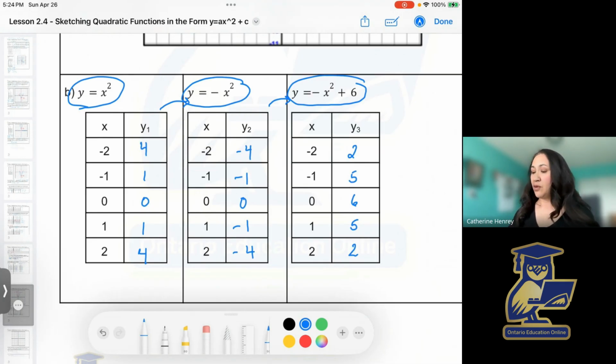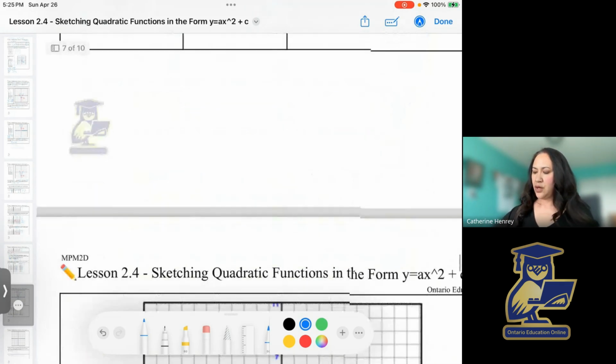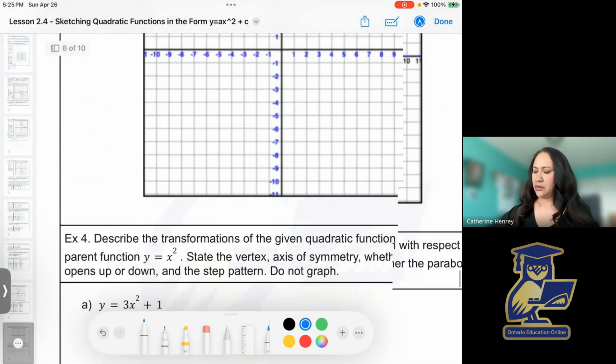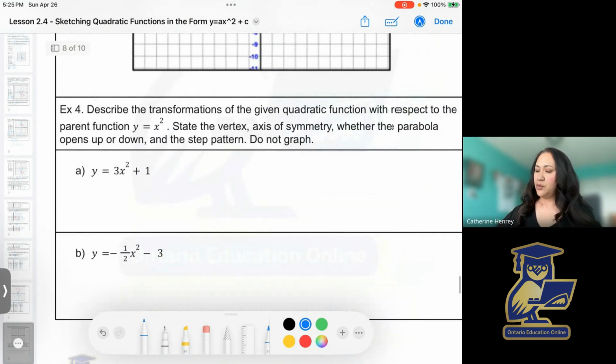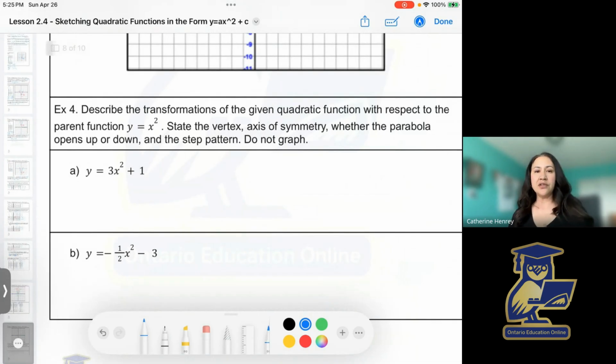Again, I'm going to let you go ahead and graph it either in Desmos or by hand and upload it to this document. And then I want to move along to a couple of other examples here. So I want you to be able to not only graph the difference in the functions, but also be able to describe the functions and how they've changed from the parent function to something new.